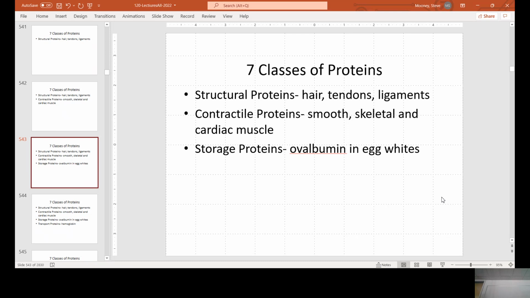So a chicken will create ovoalbumin, a globular structure protein in our egg whites that's meant to provide amino acids to the growing chick embryo. If you think about it for a second, we have a very little embryo when that egg is laid.